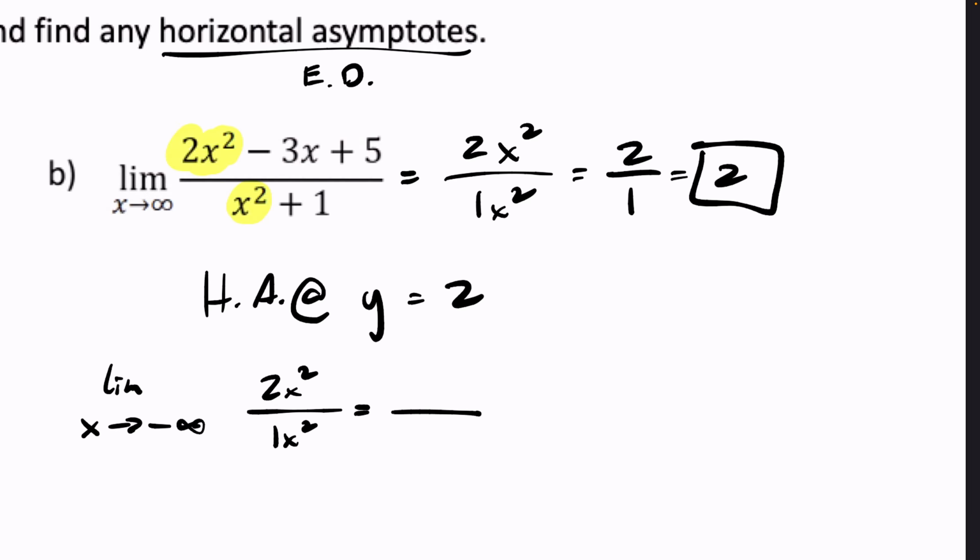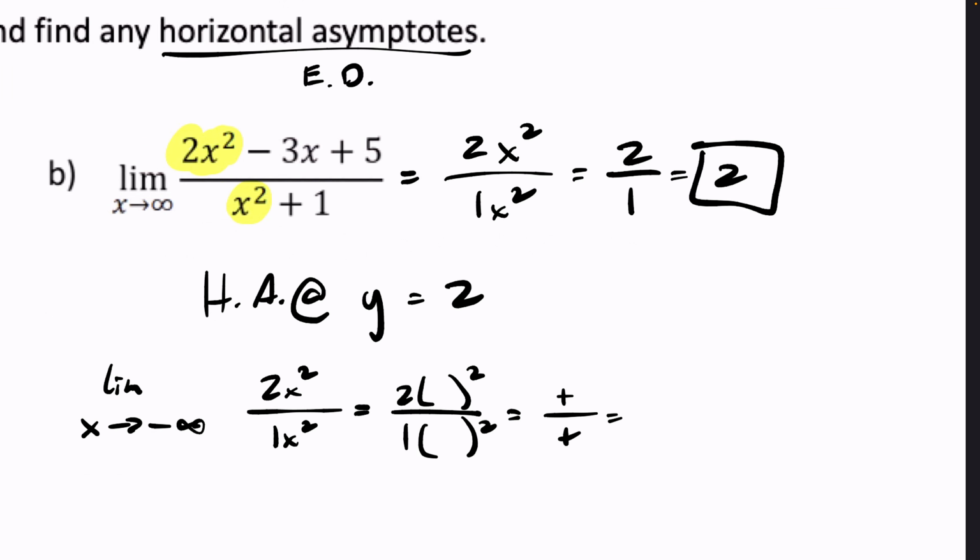But if I was to plug in a very, very big negative number for x here, would I get a positive number or a negative number? Positive, right? How about if I did that to the bottom? Positive. I get a positive answer. Is my answer positive? So I'm okay.